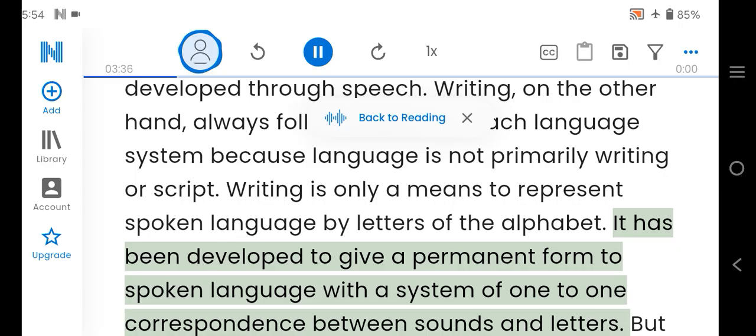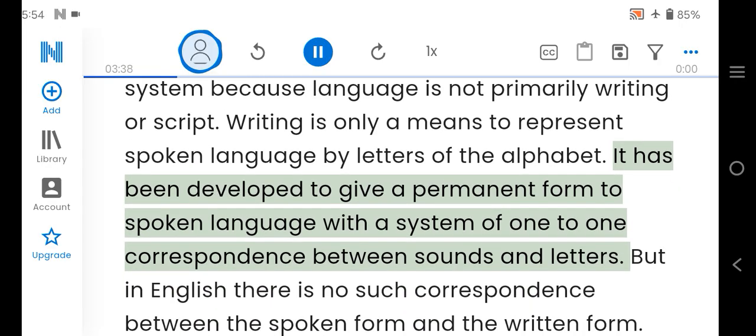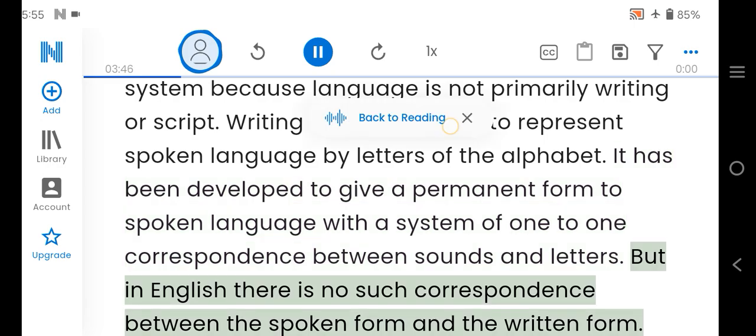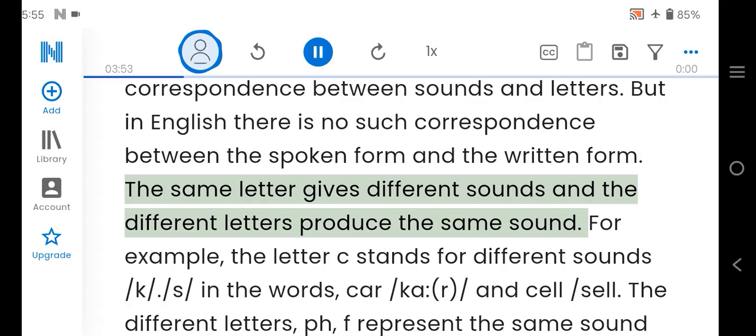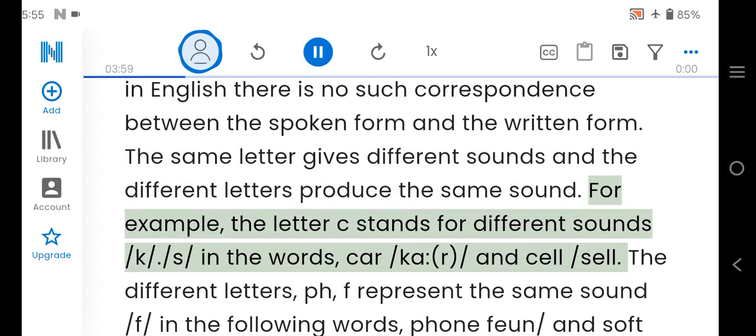It has been developed to give a permanent form to spoken language with a system of one-to-one correspondence between sounds and letters. But in English there is no such correspondence between the spoken form and the written form. The same letter gives different sounds and different letters produce the same sound.